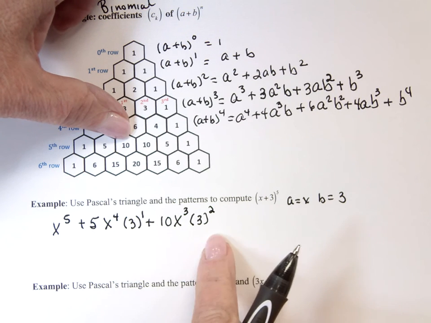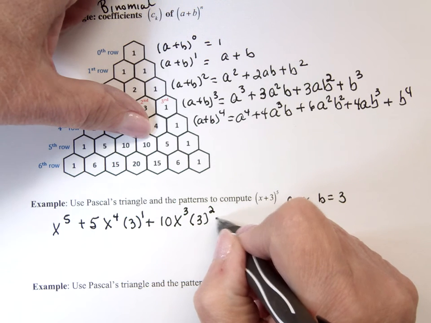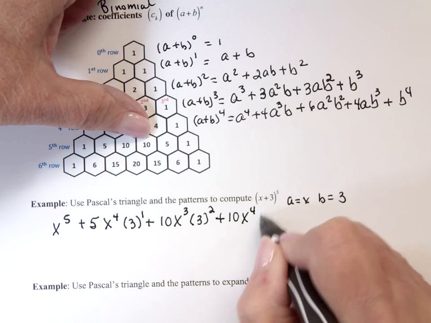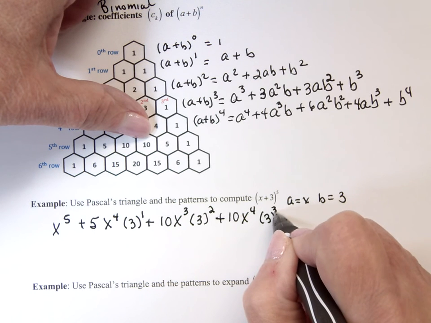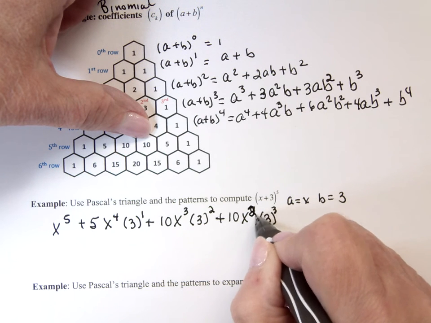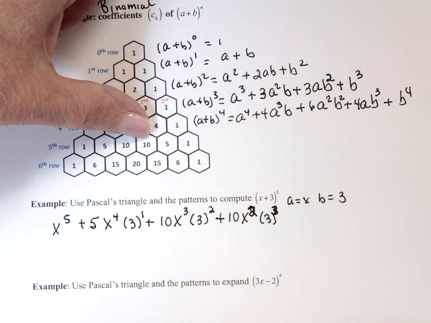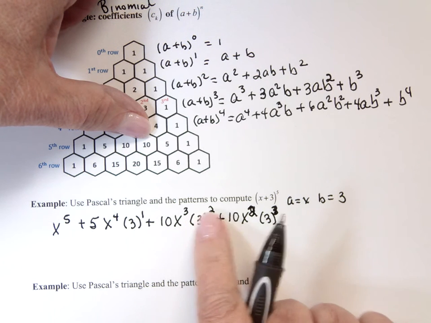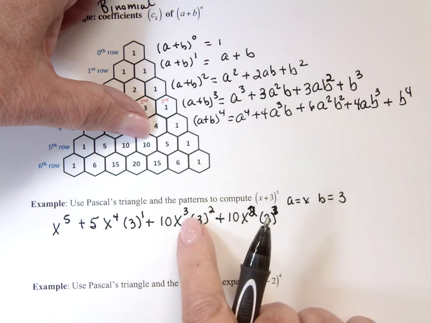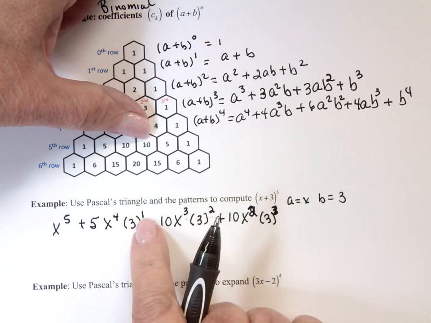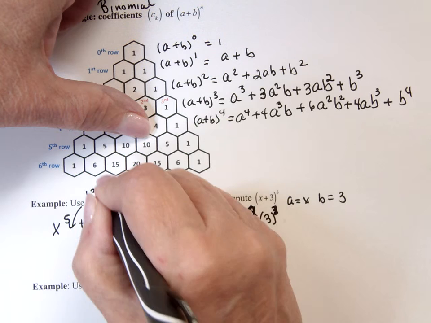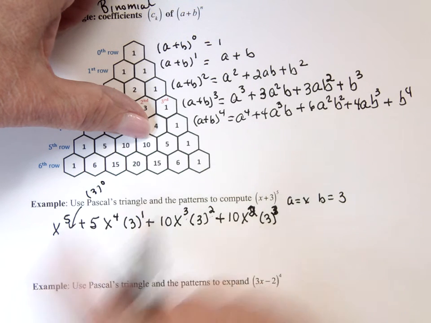A goes down, b comes up, plus 10, x to the 2, and the question is, how did I know? I should be able to add these exponents, and they're going to add to 5 each time. 2 plus 3, 5. 3 plus 2, 5. 4 plus 1, 5. What's actually here, which you don't see, is 3 to the 0 power. 5 plus 0 is 5.